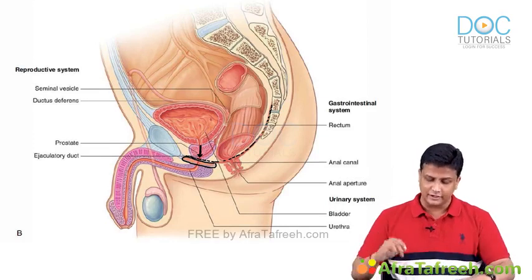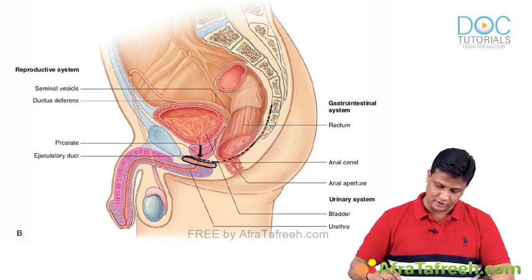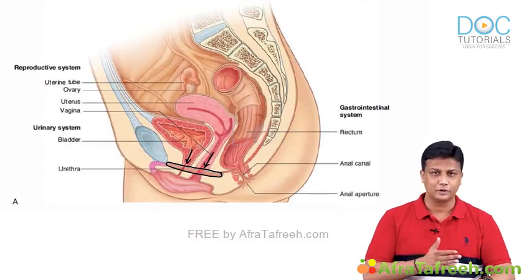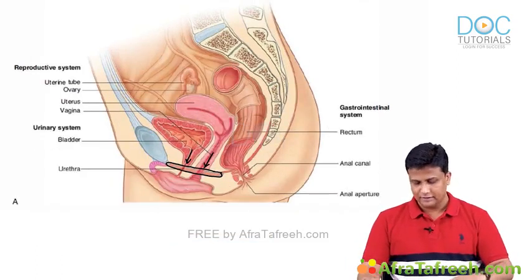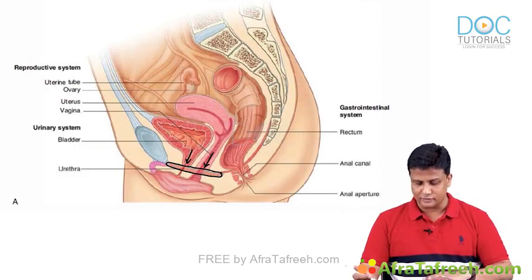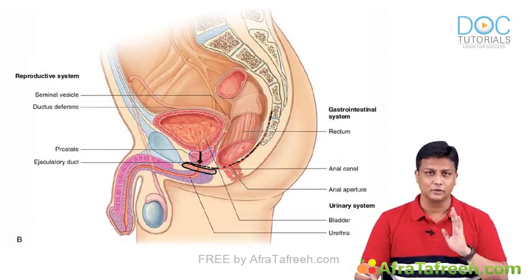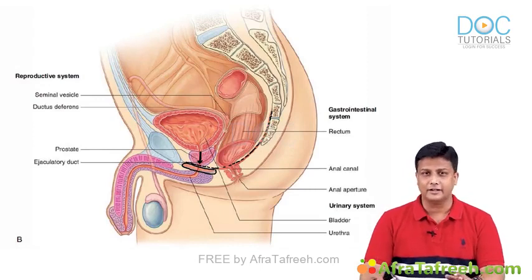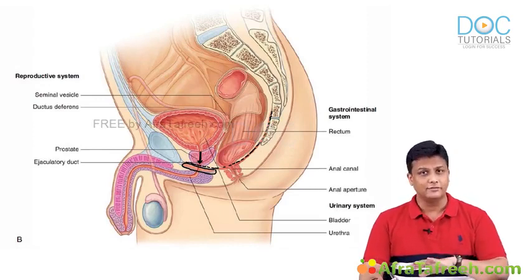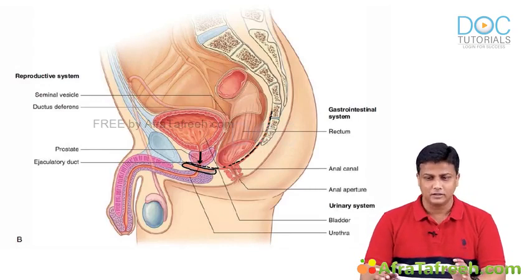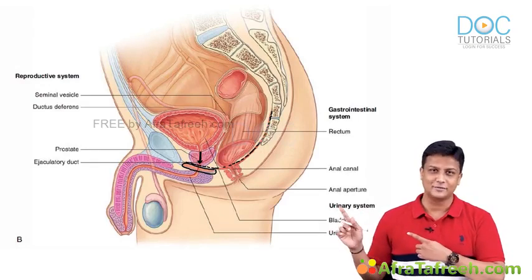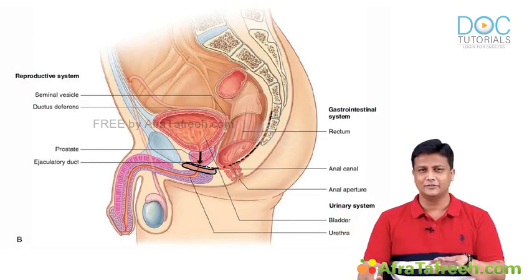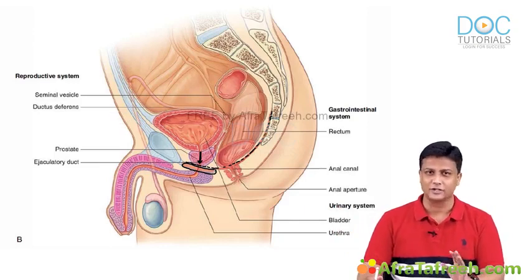So the urogenital diaphragm in females has two openings, separate for the urethra and the vagina, whereas in males it has only one opening for the urethra. So I think now you got clarity between the pelvic diaphragm and the urogenital diaphragm. The moment you look at this kind of diagrams in your exams, I hope you will not get confused.